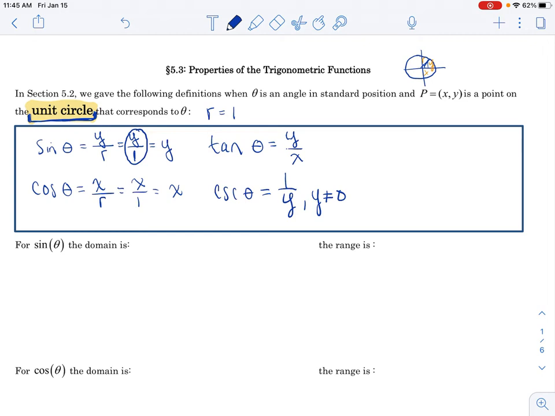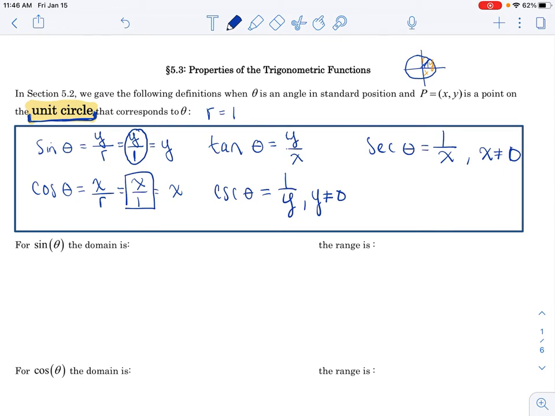My reciprocal for cosine is secant, and the reciprocal for this ratio would be 1 over x. But I'm going to state x cannot be 0, because you can't divide by 0.